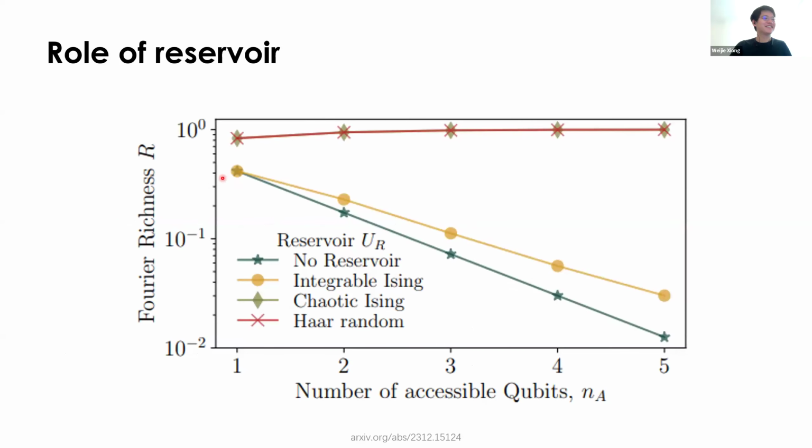So this curve implies that the number of non-zero coefficients for these two reservoirs scales polynomially in system size. And this result actually suggests that we use the chaotic Ising model and Haar random. But later we will see that Haar random will lead to concentration.